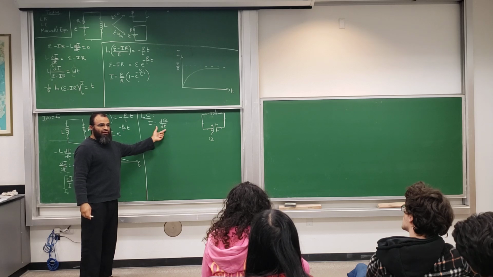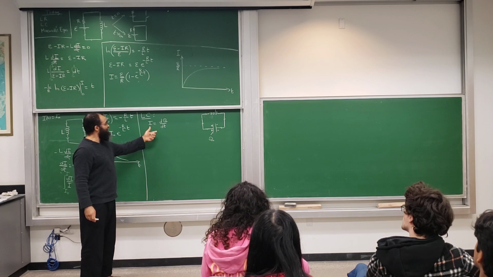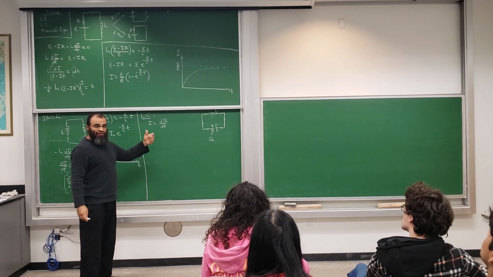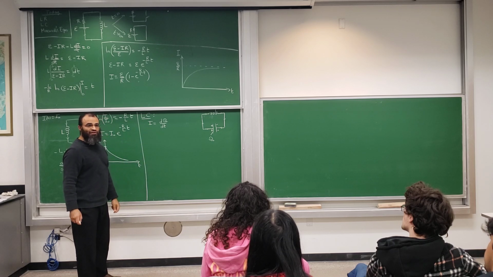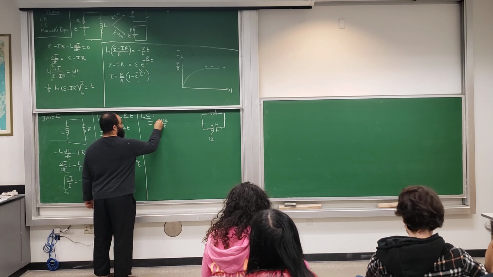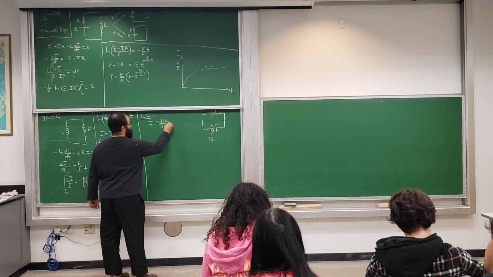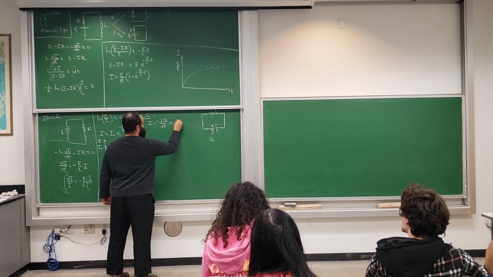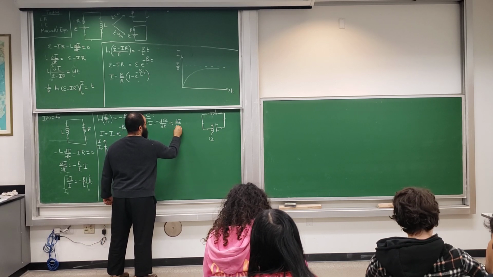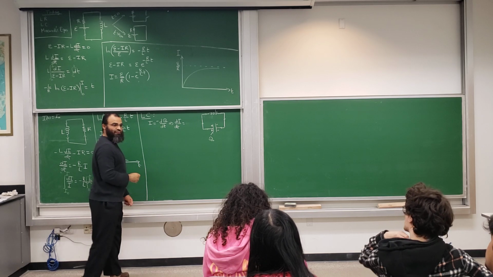Why is it negative? Because it's discharging, it's decreasing. So how do I ensure that my current will still be positive? Put a minus sign. That's where the minus sign comes from. So what's dI/dt? Second derivative, yeah.